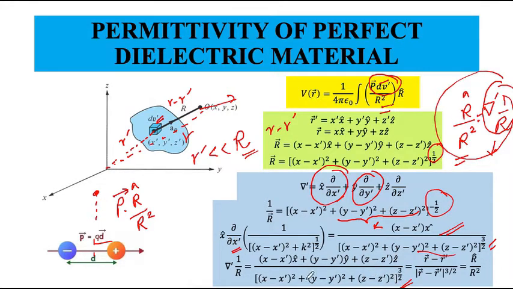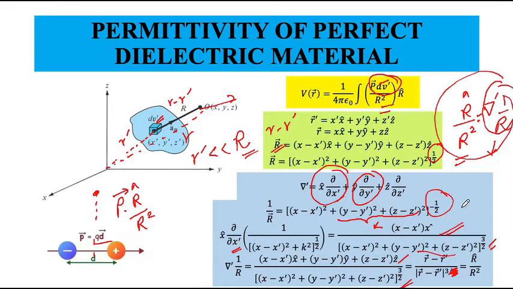Now collecting all these three terms, you will get the del operator on 1 by r. If you look at the numerator, it is my r vector, so I can write it as r minus r dash. The denominator is the magnitude cubed.